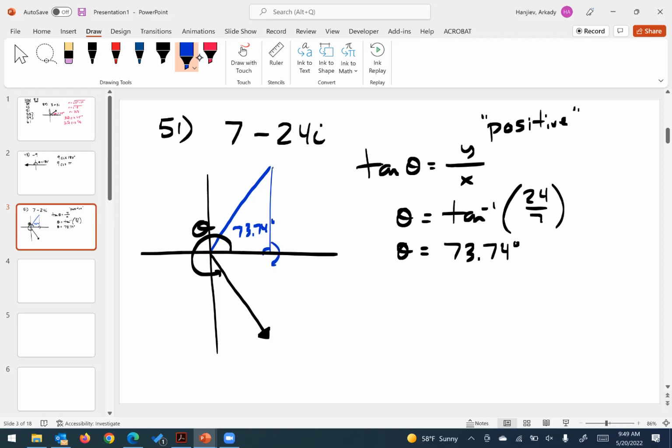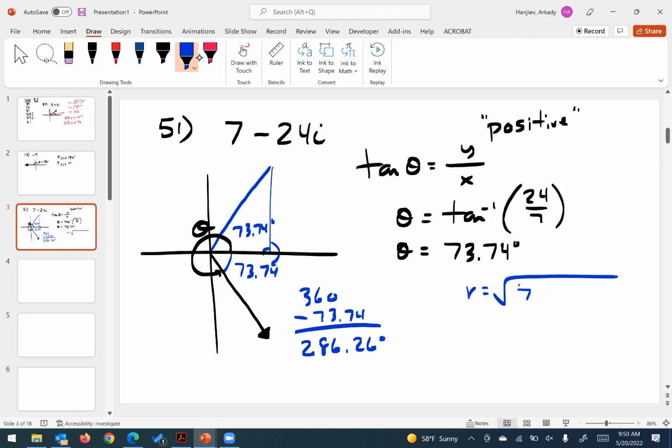If we make it here, that's going to be 360 subtracted from 73.74. Tell me if that's correct. Yeah, 286.26. Okay, perfect. We've got our angle measurement. That's awesome. Now we just need to get our R value. R value is going to be 25. Perfect.